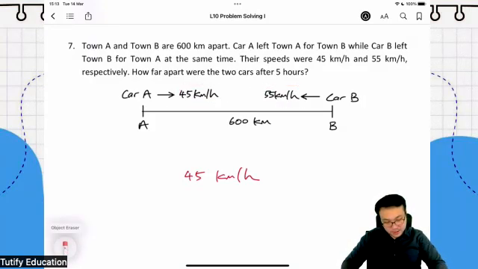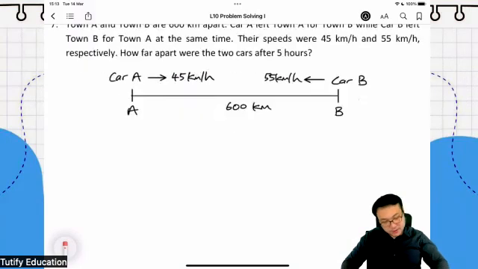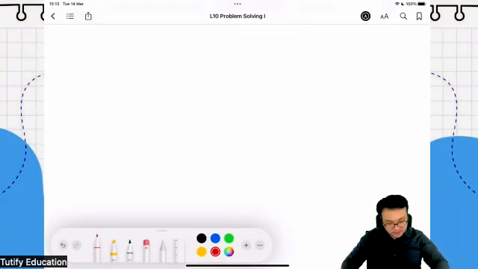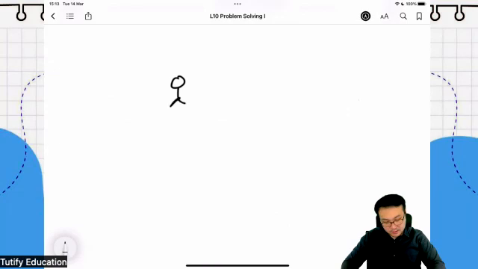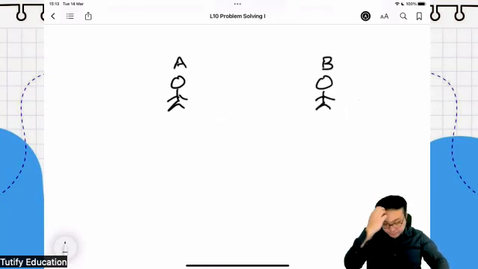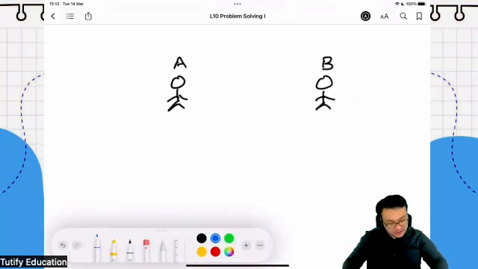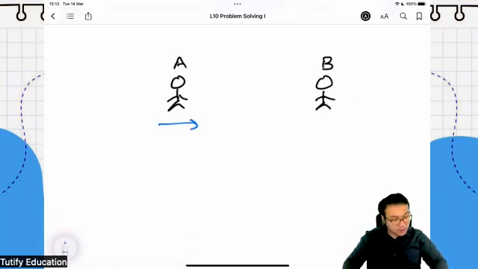Now, my next question is, let's focus on these two guys here. Look at these two people, person A, person B. Now, let's say person A is able to walk 3 steps per second.